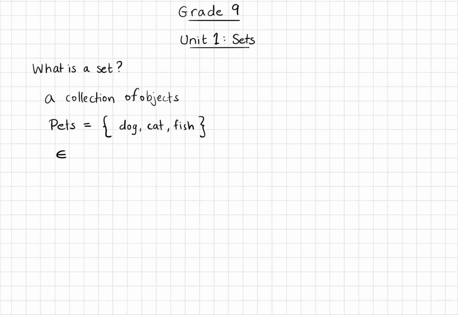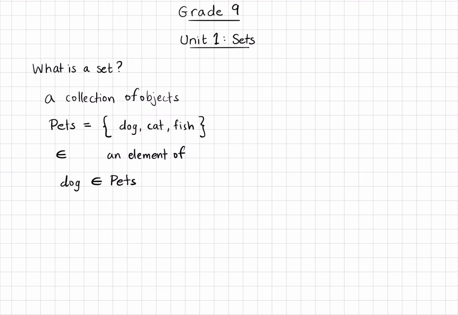And this symbol means an element of. The way to use this is, for example, I can say dog, then use the symbol, and then say pets. So in this way, I just said dog is an element of the set pets.